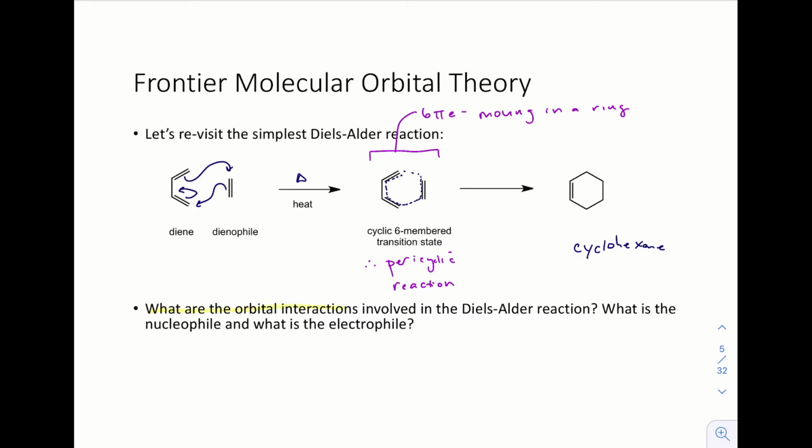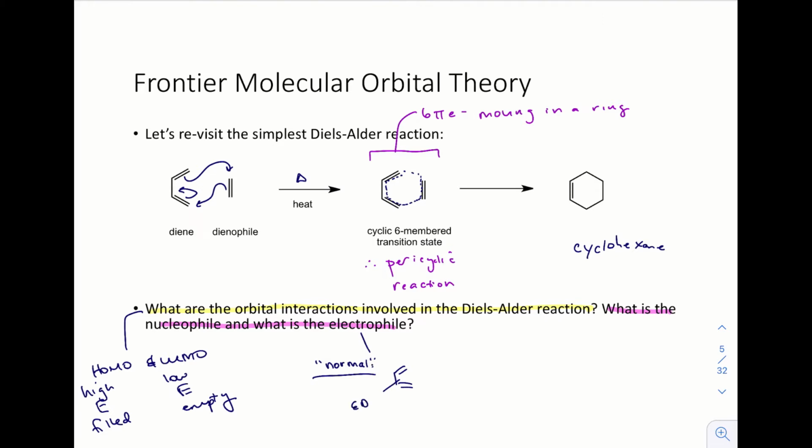What are the orbital interactions in the Diels-Alder reaction? Well, there'll be a HOMO and a LUMO, like every other reaction that we have discussed. There will be a filled orbital and an empty orbital. Which species is the nucleophile and which species is the electrophile? To address this question, consider what we have previously discussed regarding the normal electron demand Diels-Alder reaction.